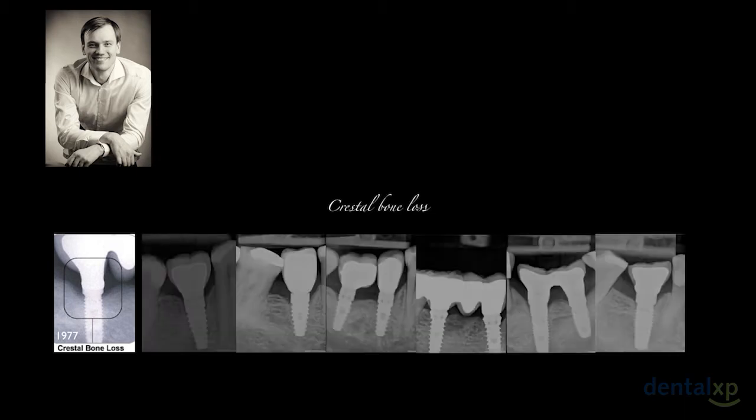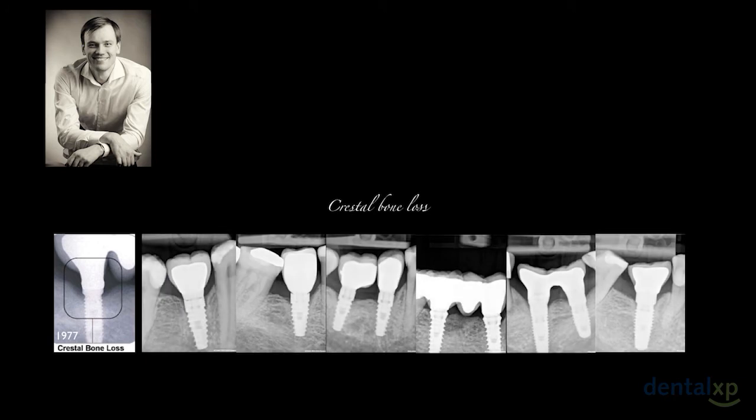What about crestal bone loss? Well, when you look at these pictures, this is probably the first picture of crestal bone loss. It was in 1977. And look, this is what we have now. So just think about it. It's 40 years of constant innovation.